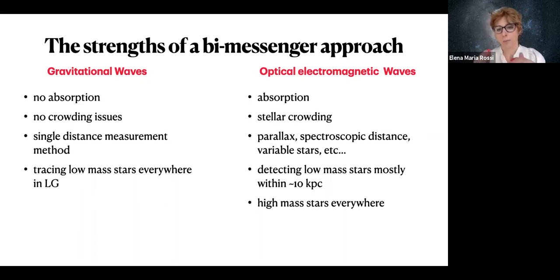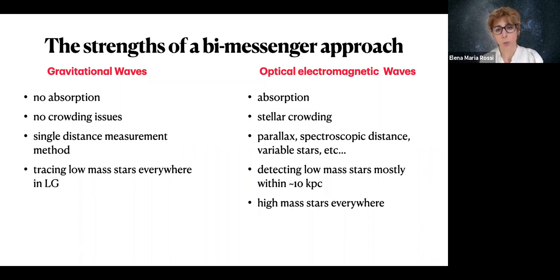And each of these methods has systematics. With gravitational waves, we can use a single distance estimator throughout the whole local universe, which is completely independent from optical observations. So this is extremely important also for calibrating optical distance indicators.